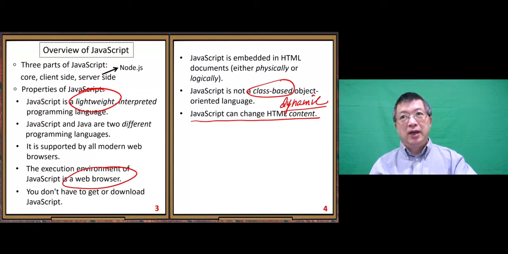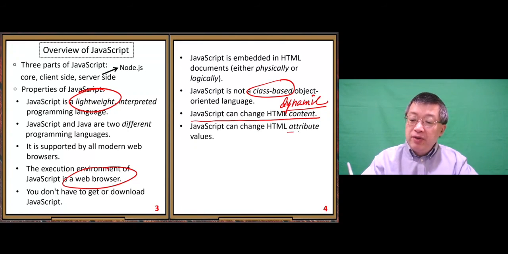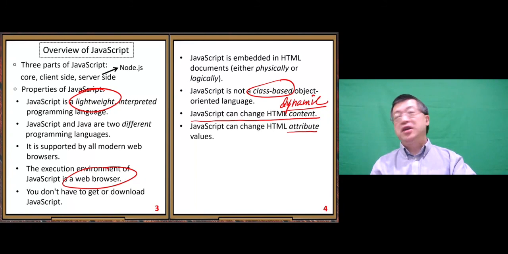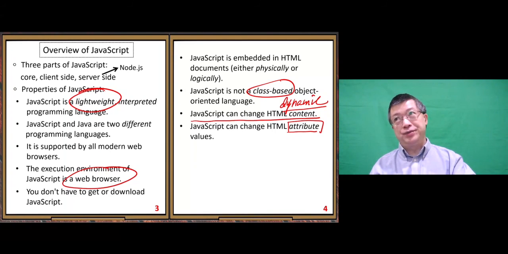It can change HTML attribute values. So you can do a lot of controls on your HTML elements, one way through changing attribute values. In some situations, we need to do this.